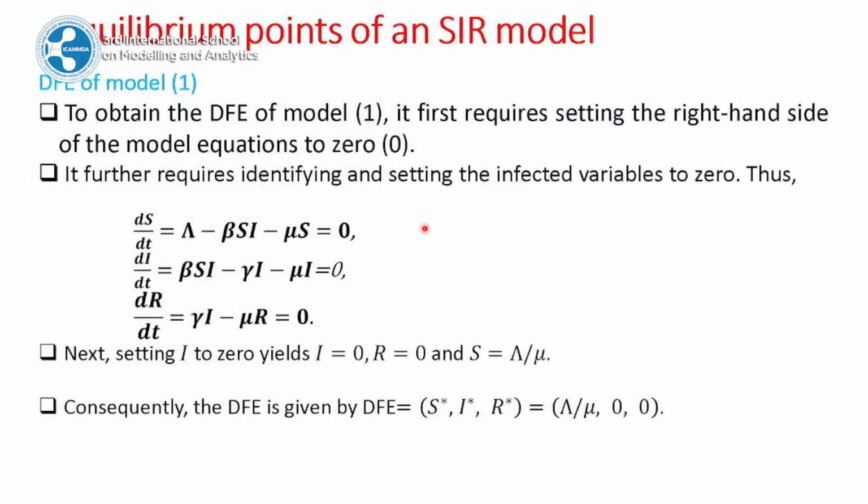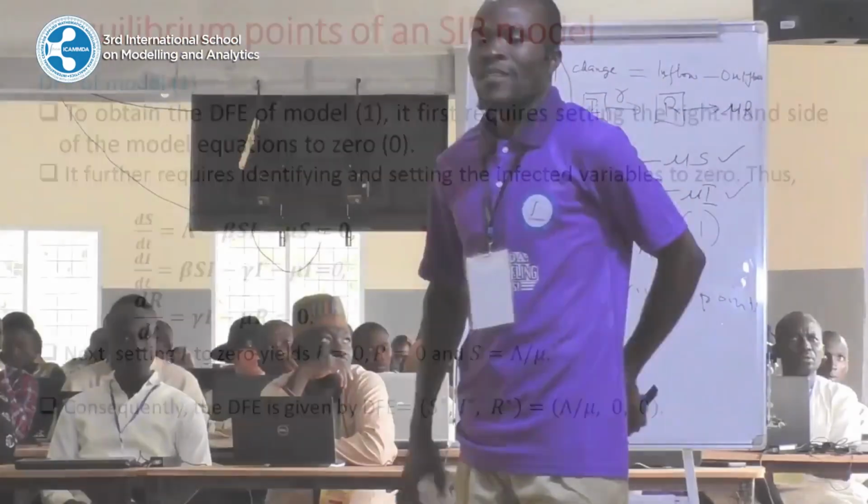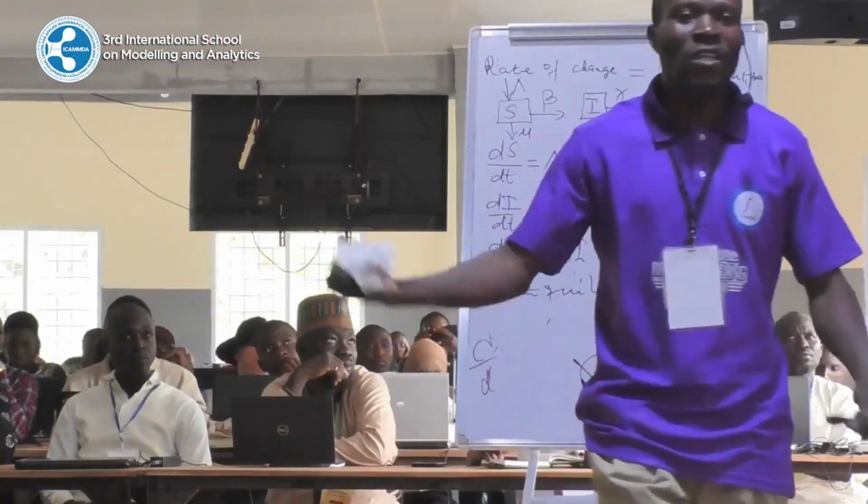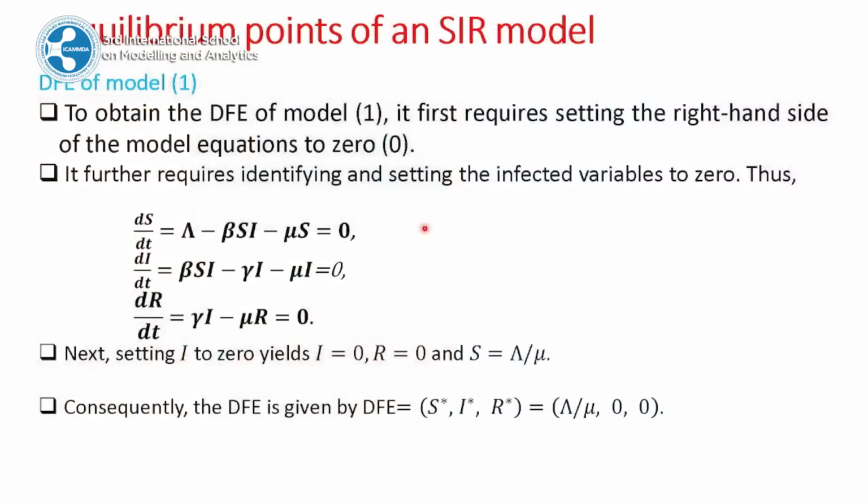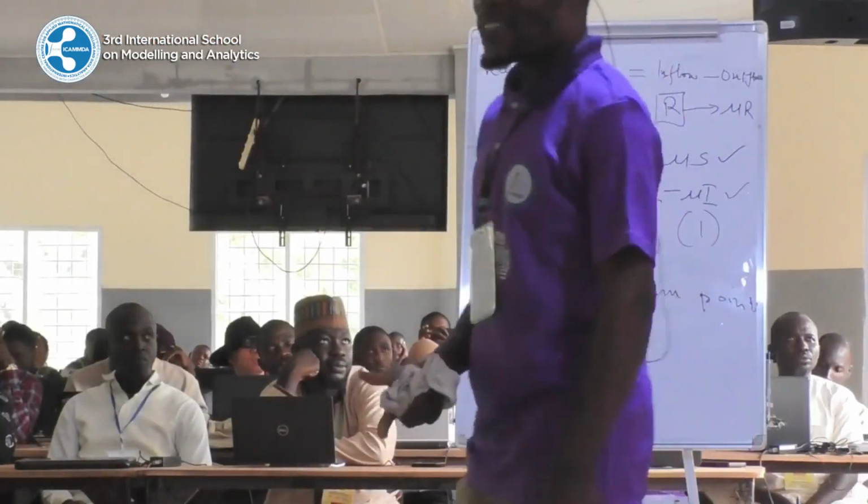Say, for instance, I'm using this model to study the dynamics of measles in Nigeria. If I present this model as it is, is it okay? Why is it not okay?